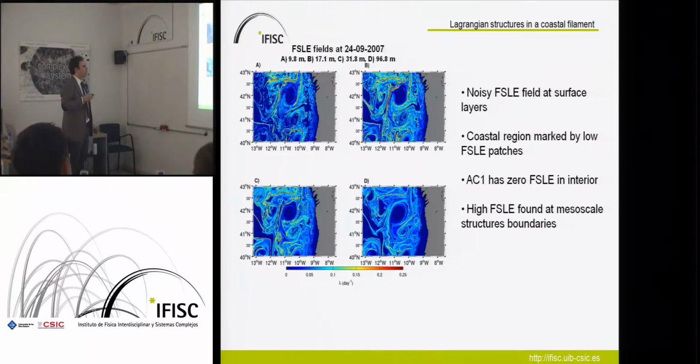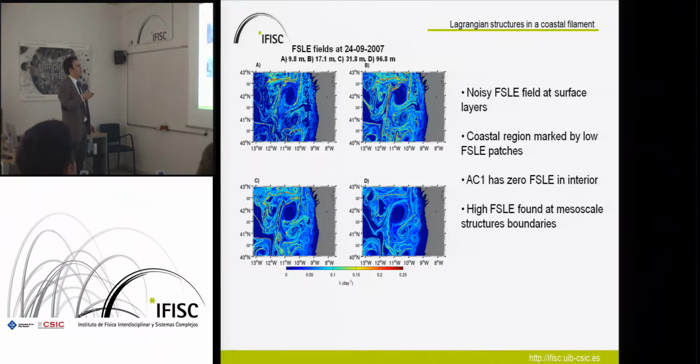So when we look at the backward FSLE fields, we can immediately identify the position of the filament here as this low FSLE region. We can see that the surface FSLE maps are very noisy, and they start to become more regular as we go deeper.